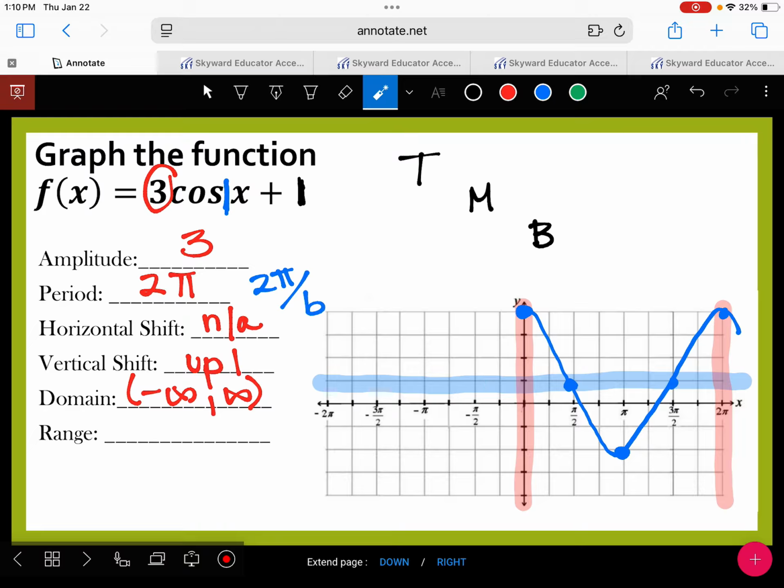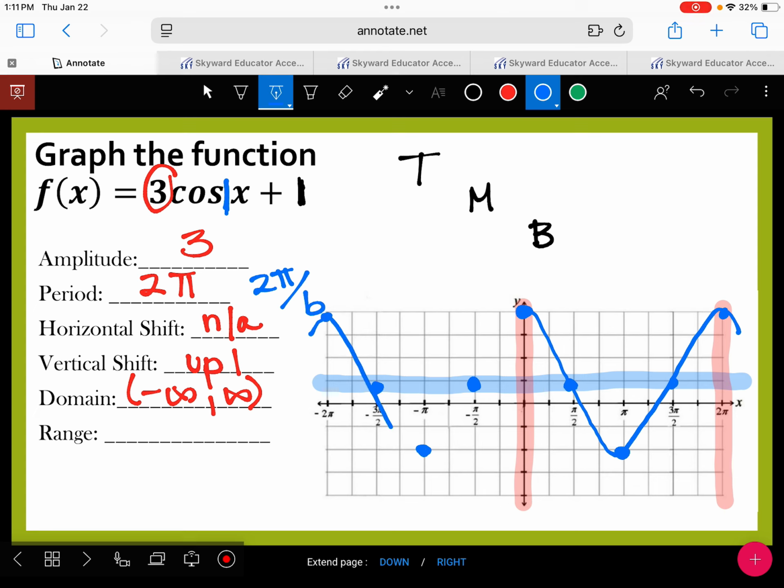Put a point right there. All right, then I'm going to hop twice, 1, 2, go to the bottom. And where did we say the bottom was? -2. Put a point right there. And then at -3 pi over 2, I go back to the middle. And then I end at the top.